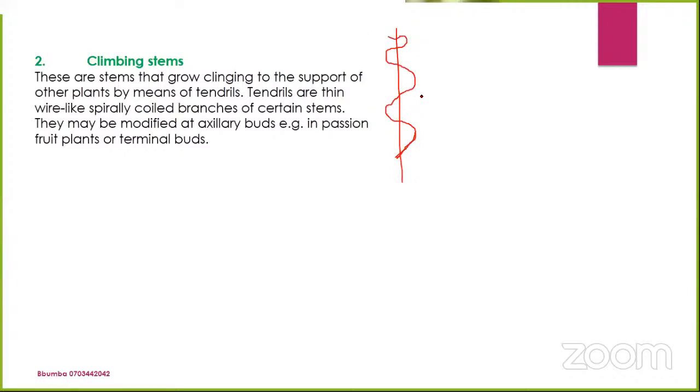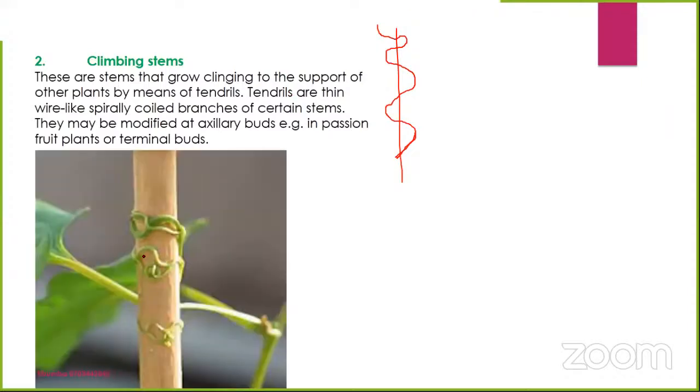That is what we mean by spiraling. But now we also have climbing stems. These are stems that grow clinging to the support of other plants by means of tendrils. Tendrils are thin wire-like spiral branches. These are the tendrils that I'm talking about.